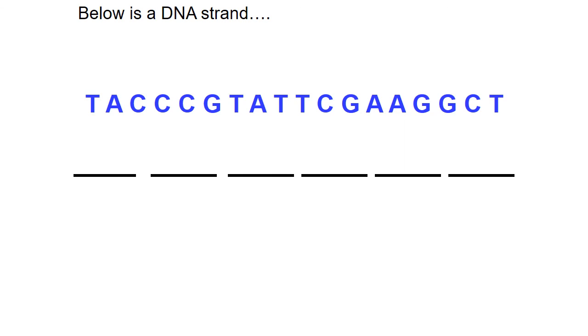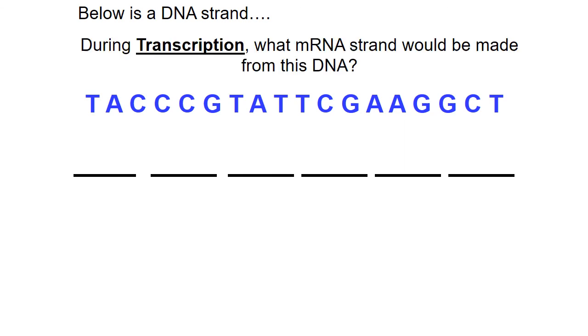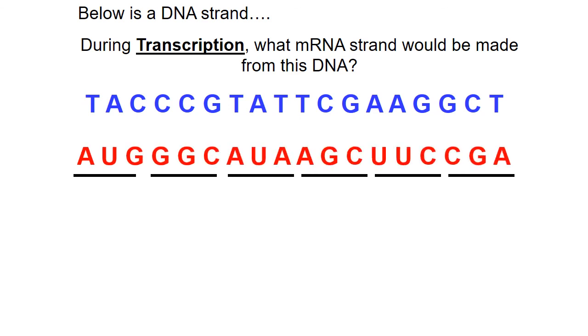Okay, so now that you've taken the time to do that, during transcription, we're looking at what mRNA strand would be made from this DNA. So I'm just making sure you had time to pause the video before I do my big reveal. And here's my big reveal. All right, so again, make sure you remember that this is the DNA.